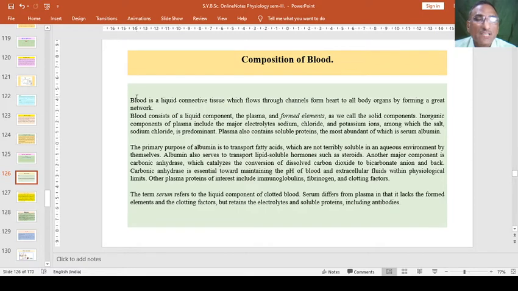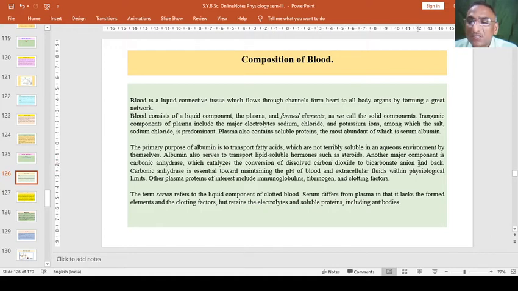These are the basic components of the blood and regulate all physiological activities. The primary purpose of albumin is to transport fatty acid materials, hormones and enzymes which are not terribly soluble in the aqueous environment. Albumin also transports lipid soluble hormones and steroids.